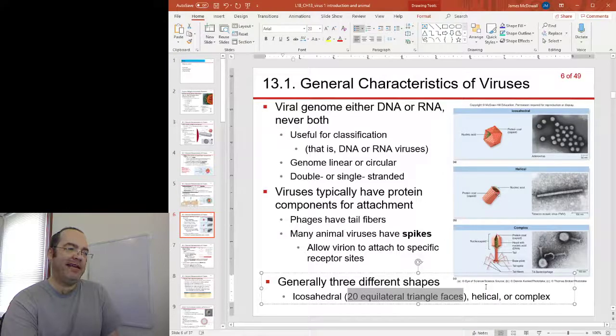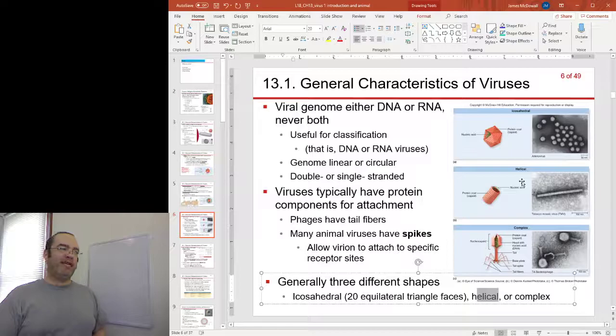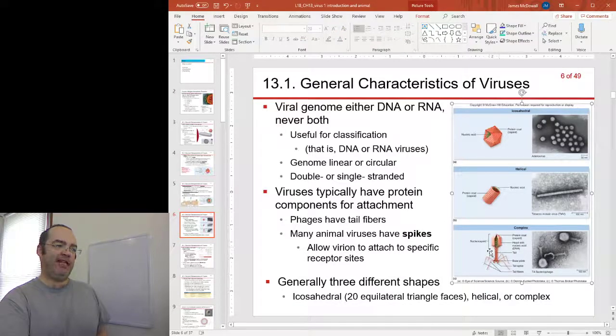We have helical capsids. We have our viral genome here, and then we have the capsomeres built around and round and round, making these kind of rods of protein. And we have these complex shapes. This shape down the bottom here is the shape of a bacteriophage, and we will be talking about bacteriophages later on.